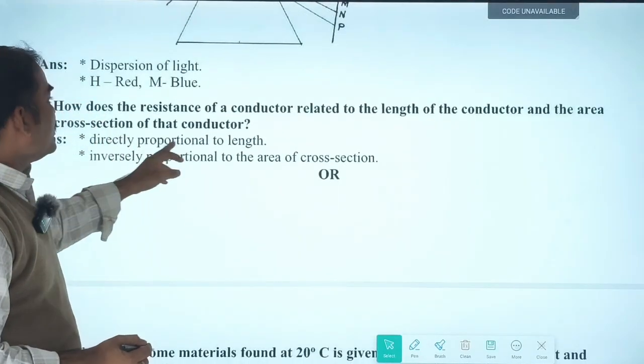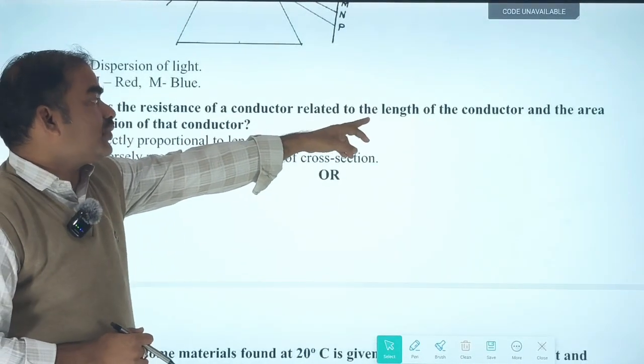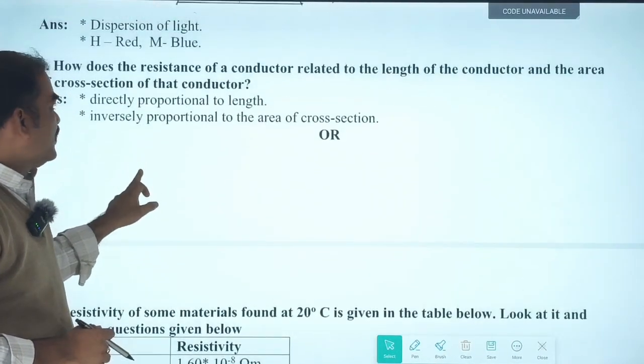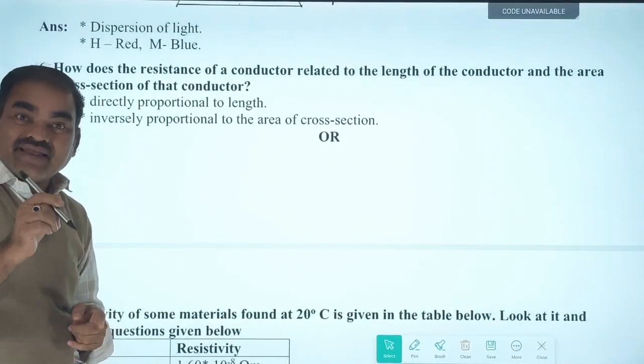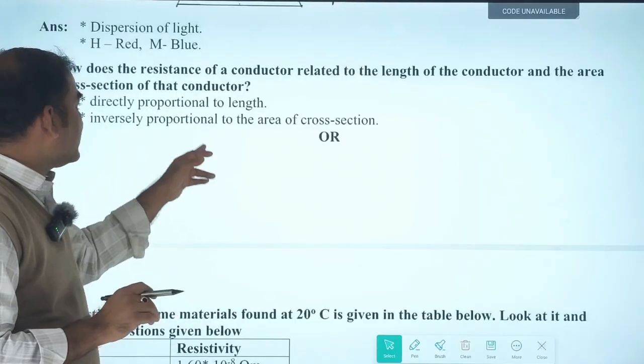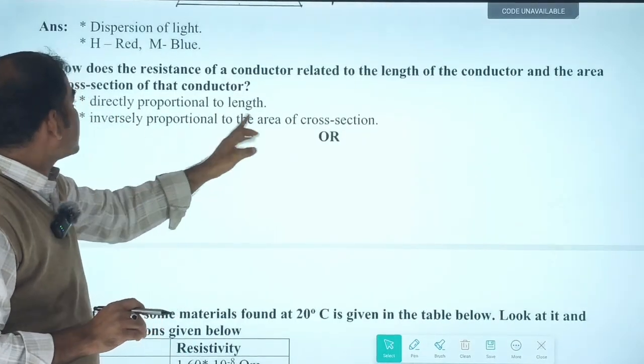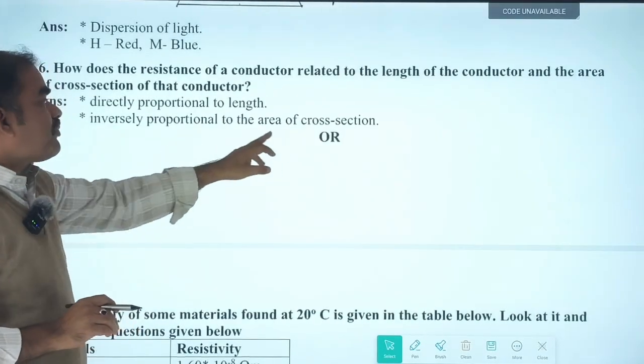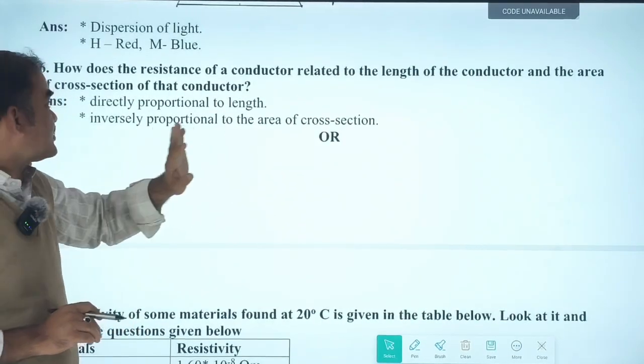Next one: how is the resistance of a conductor related to the length of the conductor and the area of cross section of the conductor? Resistance is directly proportional to the length, and inversely proportional to the cross section.